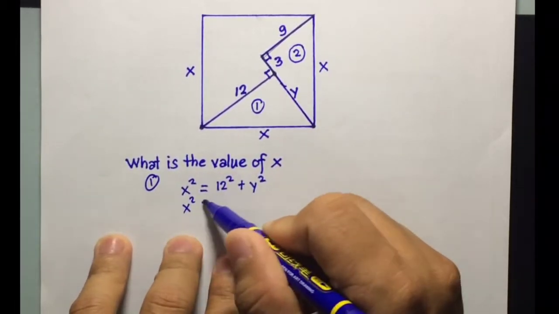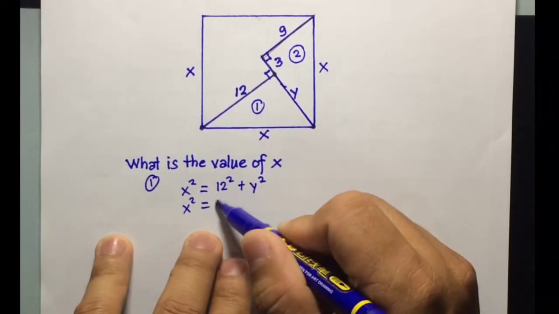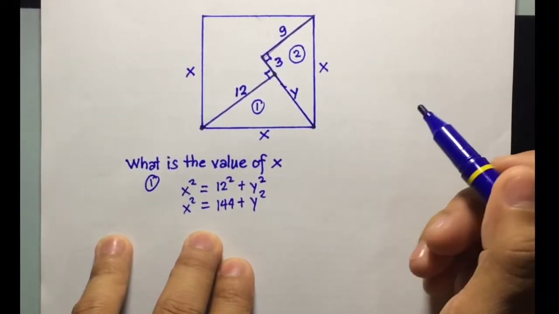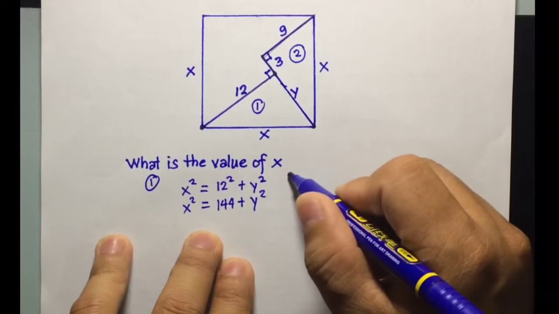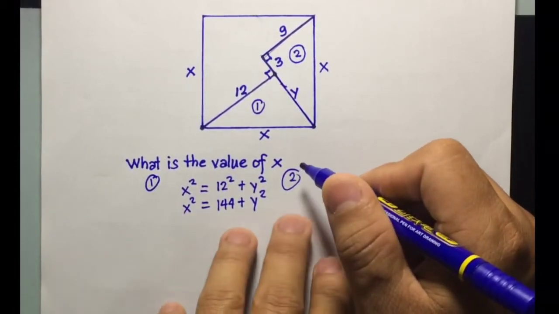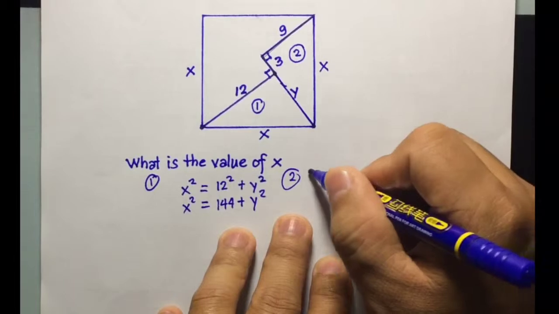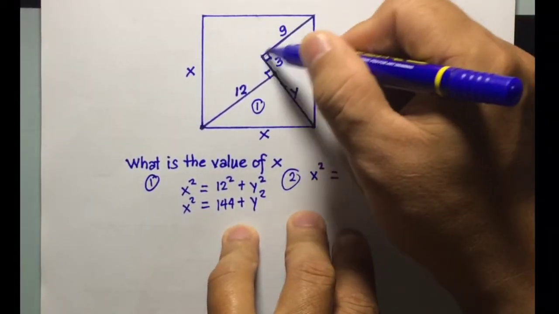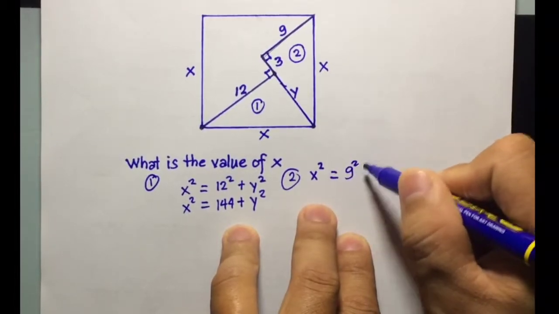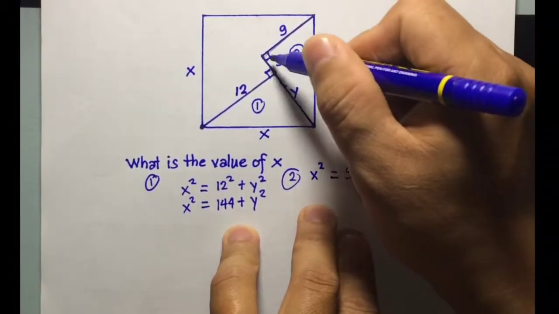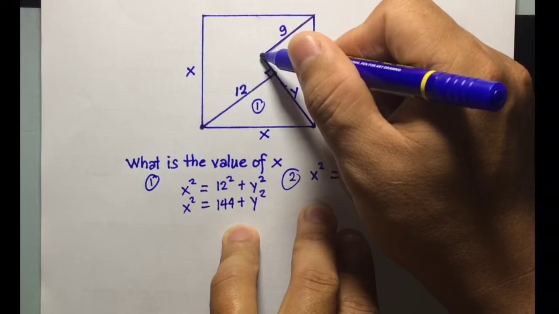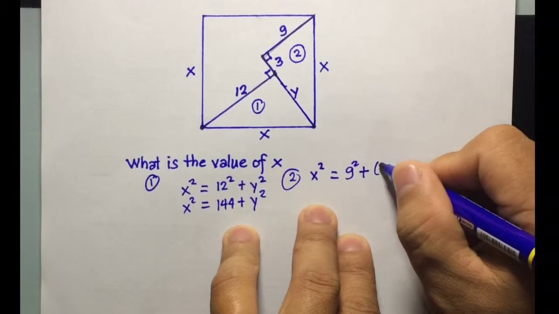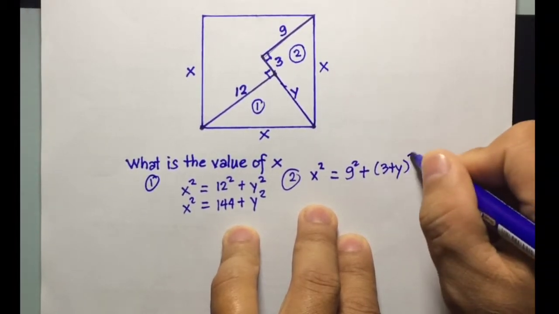Then x squared is equal to 12 squared, which is 144, so 144 plus y squared. Then for triangle number 2, x squared equals 9 squared plus this line segment here. This is 3, then this is y, so we have (3 plus y) squared.